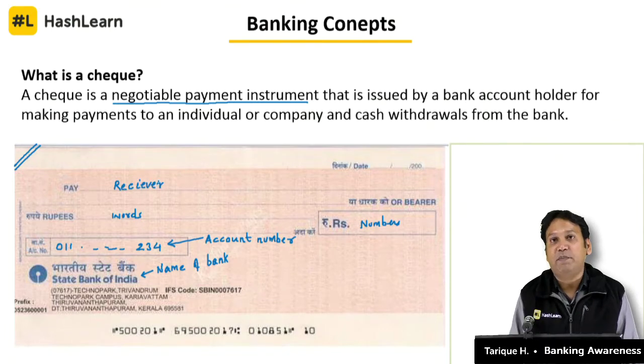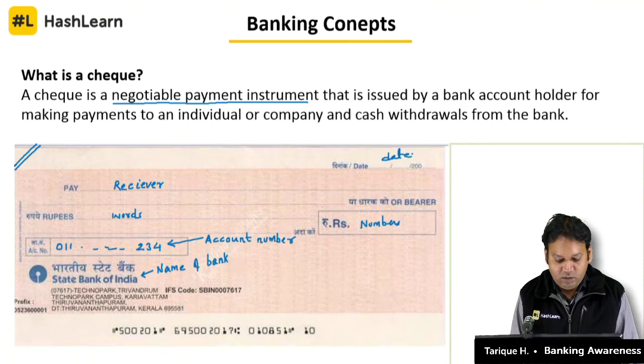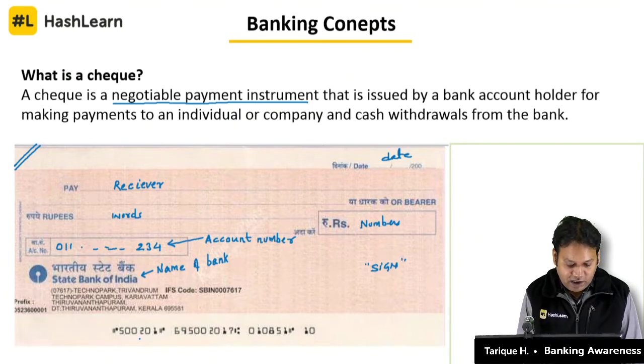The one who is paying is the payer and the one who is receiving is the payee. The date is very, very important to be mentioned in the check, the day on which the check should be given. The signature of the account holder comes here, and you have the check number. This is a 6-digit number. Every check will have a check number.